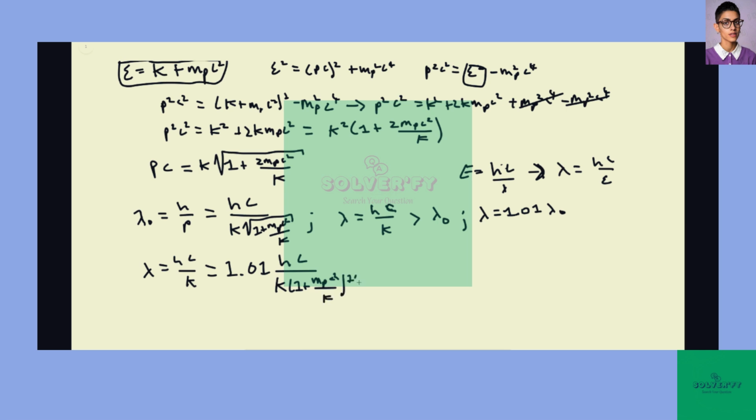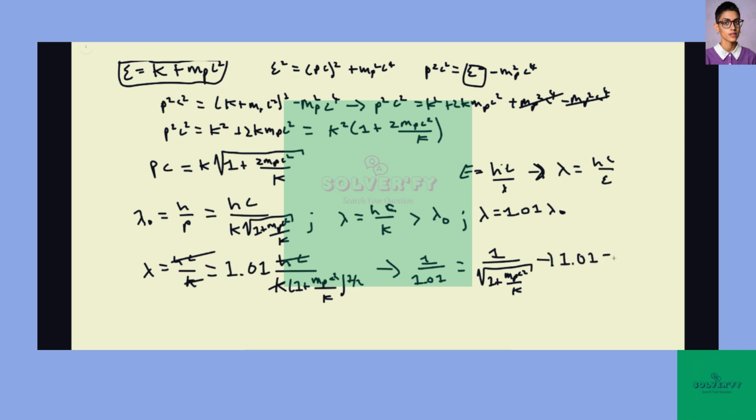All right, the k's cancel, the hc's cancel. We end up with 1 over 1.01 is equal to 1 over the square root of 1 plus m_p c squared over k.